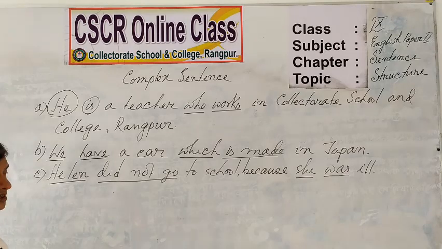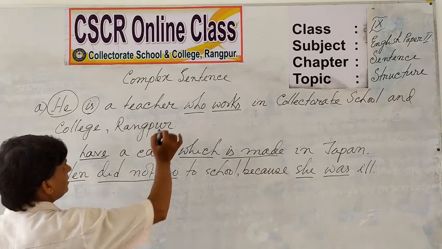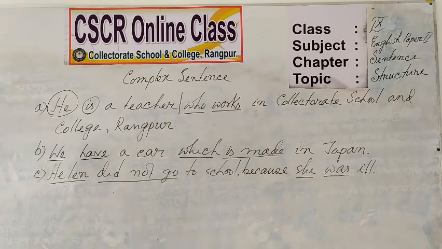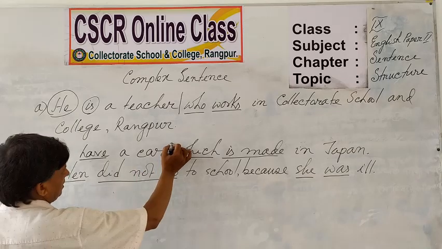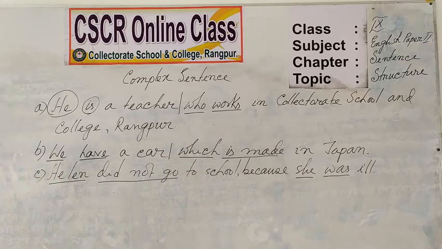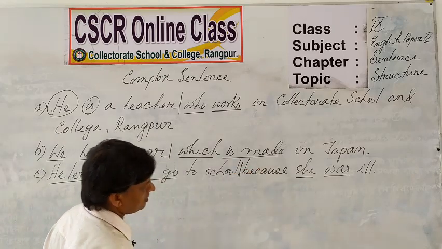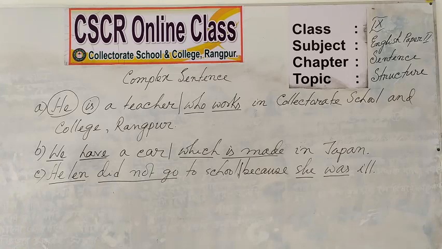That means in the sentences there are two parts. He is a teacher is one part, who works in Collectorate School and College, Rangpur, another part. We have a car, one part, which is made in Japan, another part. Again Helen did not go to school, one part, and another part, because she was ill. Dear students, as there are two subjects, two finite verbs with two parts, what's the difference between the parts?